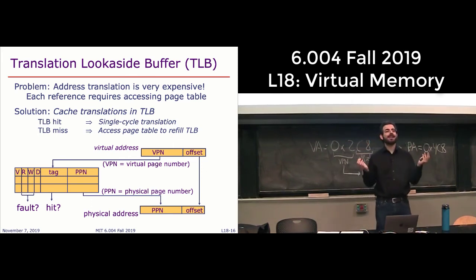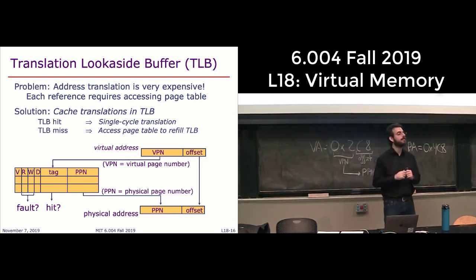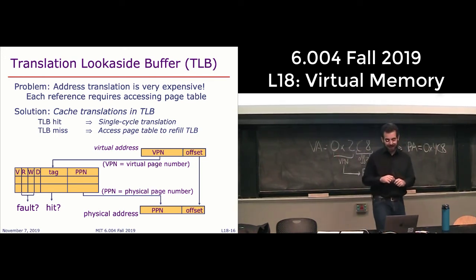So what's the solution here? We've already seen this approach. We add a cache. And instead of a cache for data, it's a cache for address translations. And we call this cache a translation look-aside buffer. You could call it a translation cache, but that's the standard name, a TLB.